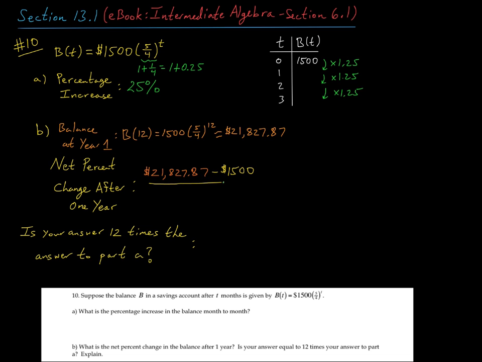And now I want to divide that by, if I'm wanting to find percentage change, I'm going to compare that difference to my original amount, which is $1,500. And when I compute that out, you wind up getting 13.552 and so on, roughly this.